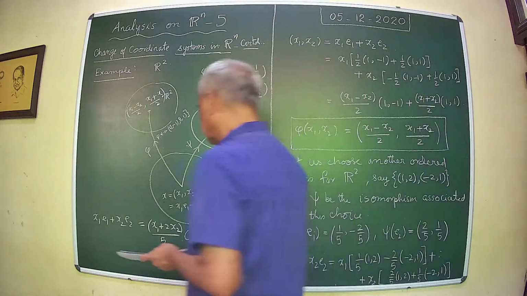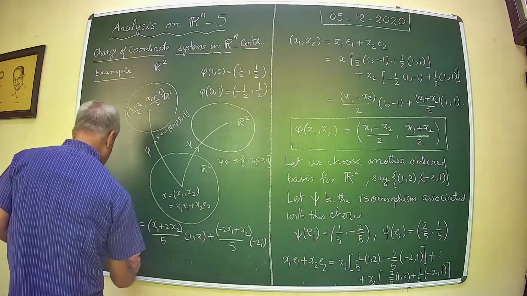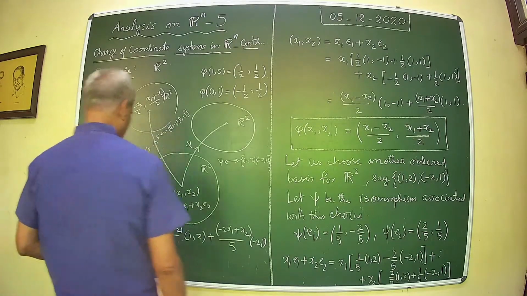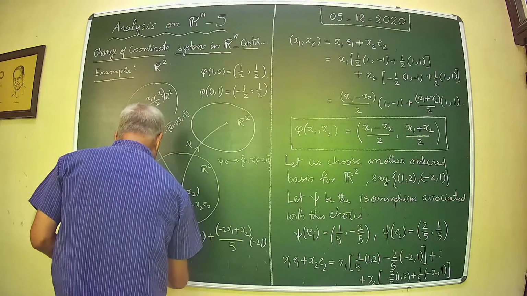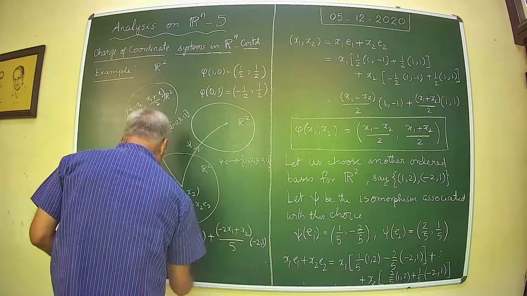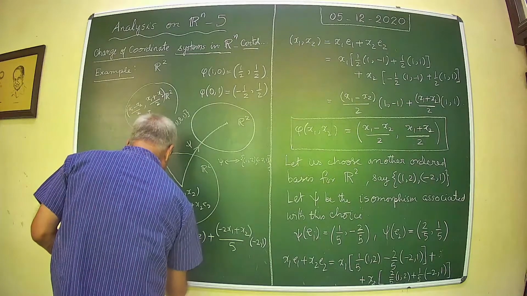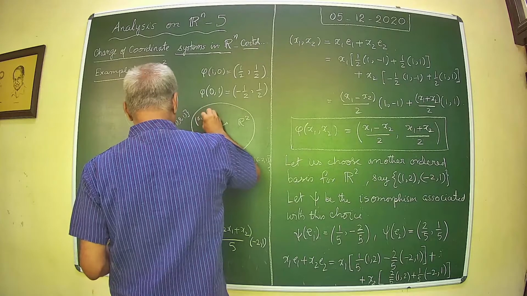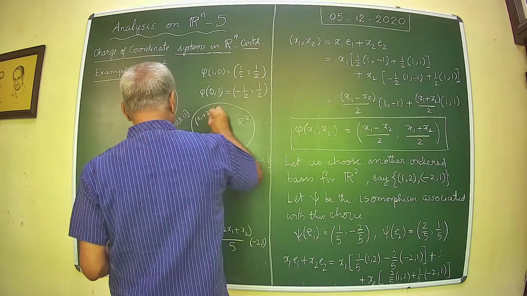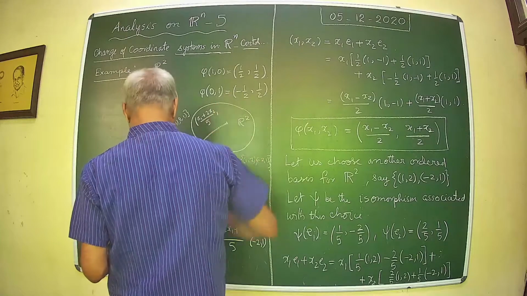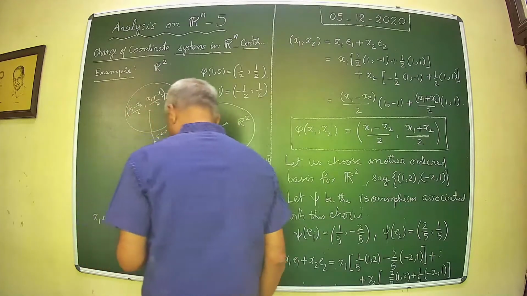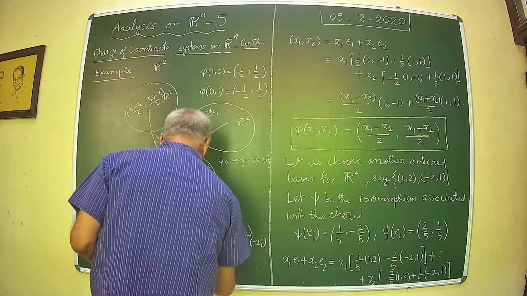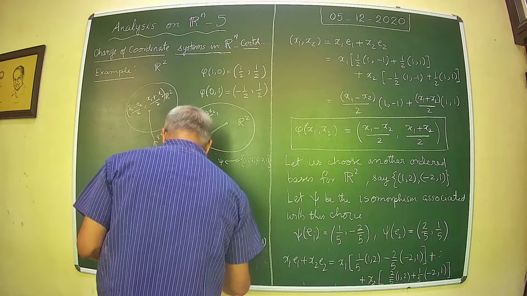Therefore, x is now mapped to the ordered pair ((x1 minus 2x2)/5, (-2x1 plus x2)/5).